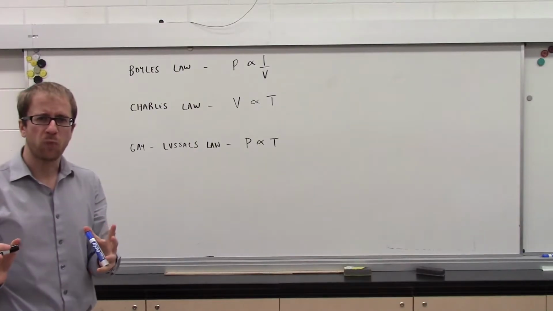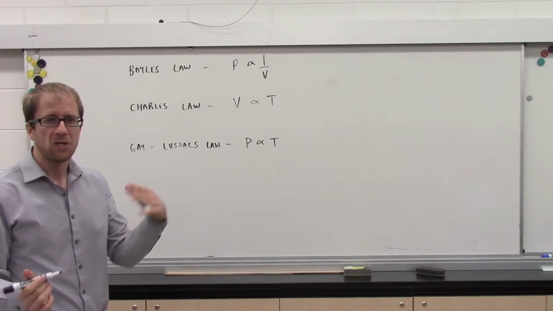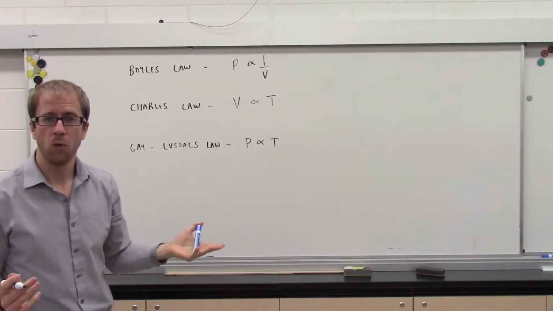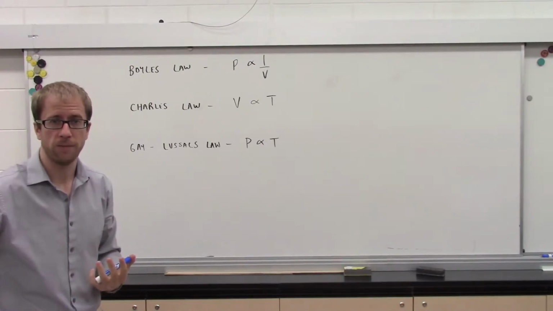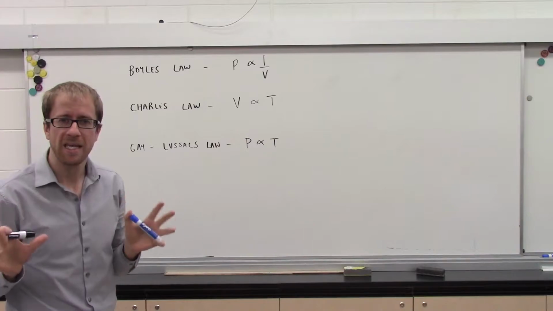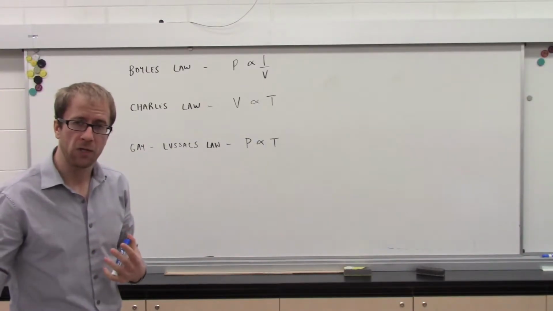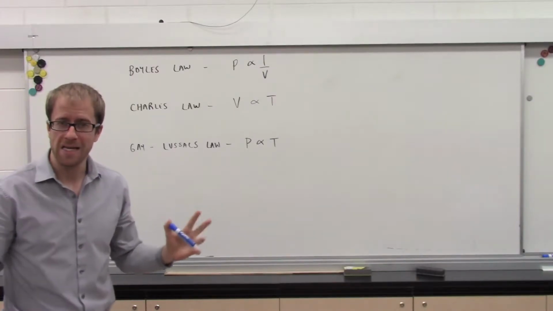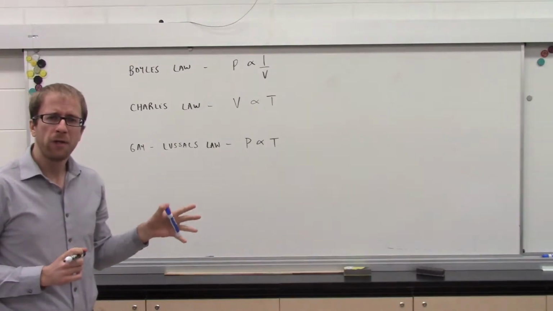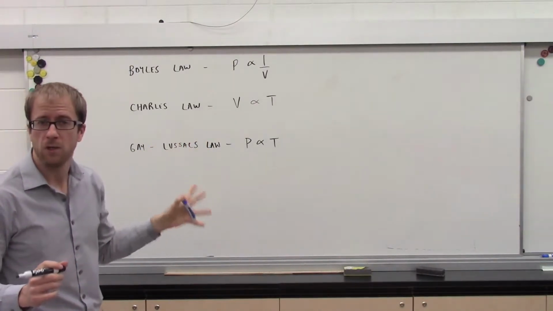Now, in solving these problems, I gave you a basic overview of what to do, right? I said you need to predict, and then you need to multiply by the ratio, which fits your prediction. We are still going to be using that same set of steps, except now we are going to be making two predictions when dealing with the combined gas law. But again, before we get there, I want to quickly show you the equations that apply to each one of these laws.